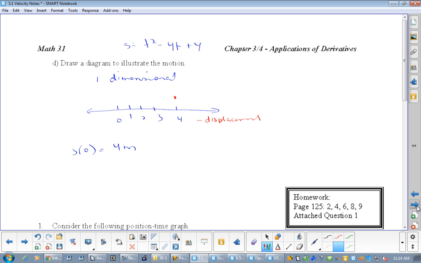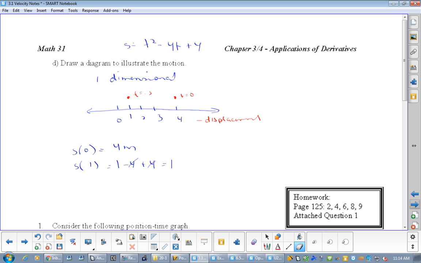So you can write on here, t equals 0. So let's try finding the displacement after 1. Okay, so that's 1 minus 4 plus 4 equals 1. So I am over here at t equals 1 second.